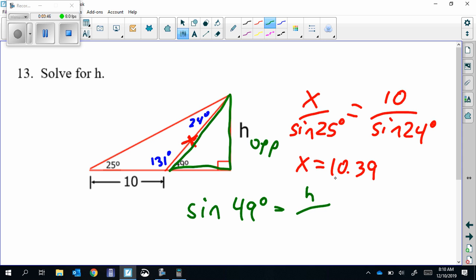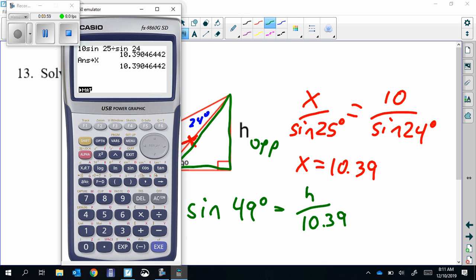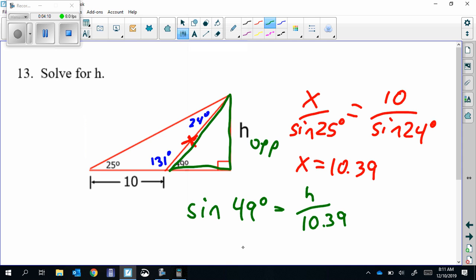H over this 10.39 that we just found. So solving for h, you would just multiply by the 10.39 times sine 49. So this number we just got times sine 49. 7.842.